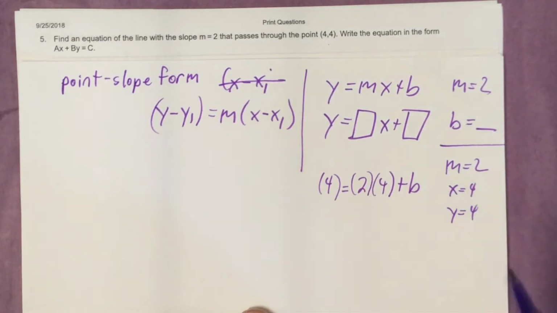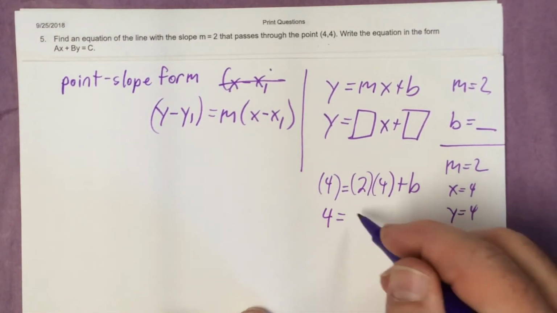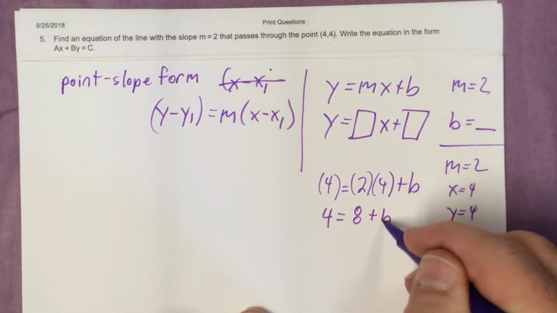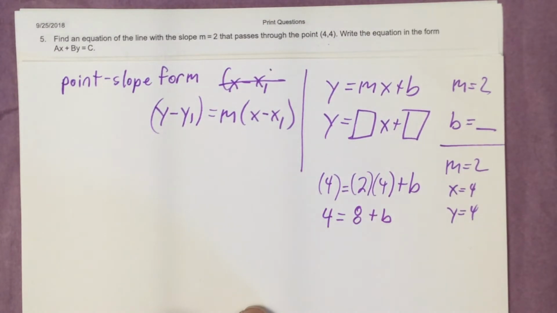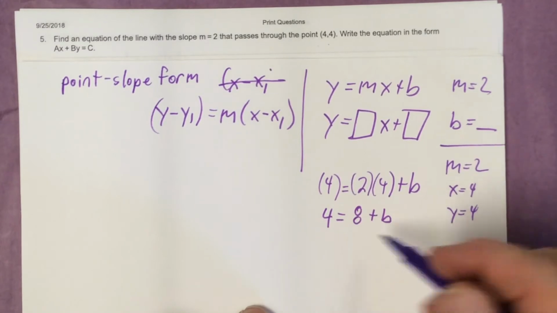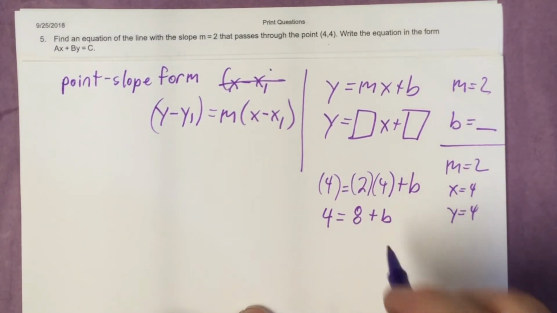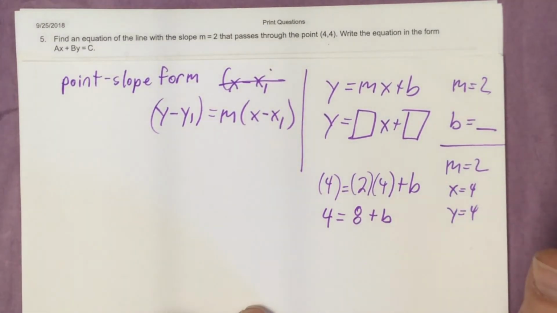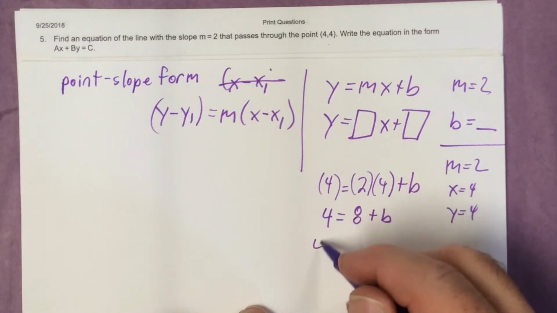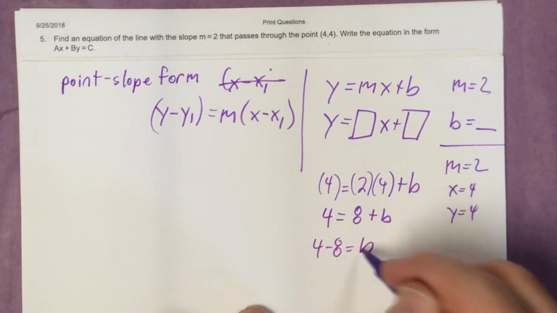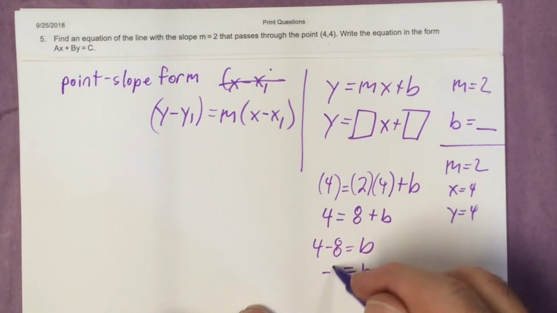So 4 equals 2 times 4, or 4 is equal to 8 plus b. I try to get 8 by itself, so I'm going to move 8 to the opposite side. Here's a case where you want to leave the b over here and not mess around with it. So I write 4 minus 8 equals b, or b is going to equal negative 4.